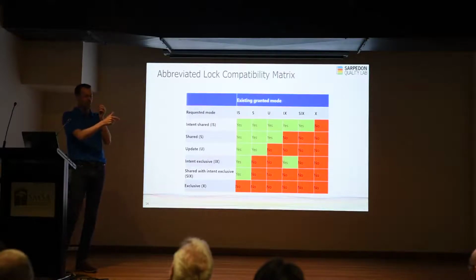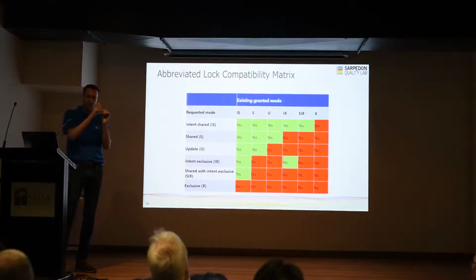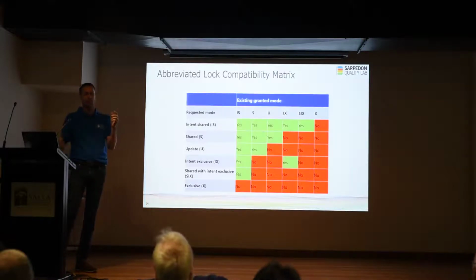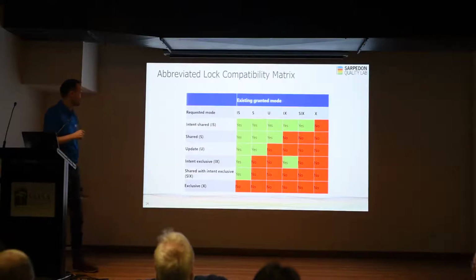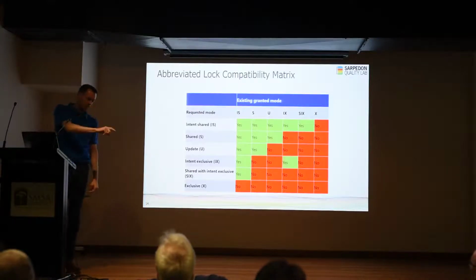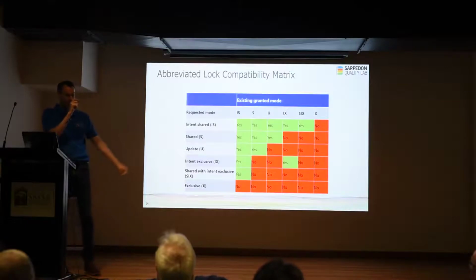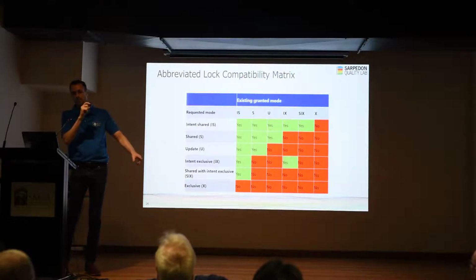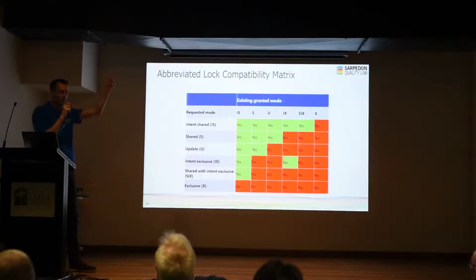And then, okay, we have an exclusive, we need to keep looking, maybe it's the same page range that we are trying to access. So it's basically kind of an index, maybe you can think of it, for quickly finding out if my session that wants to read needs to pay attention because there will be a lock somewhere or not. If the object already has an intent exclusive, then keep looking.